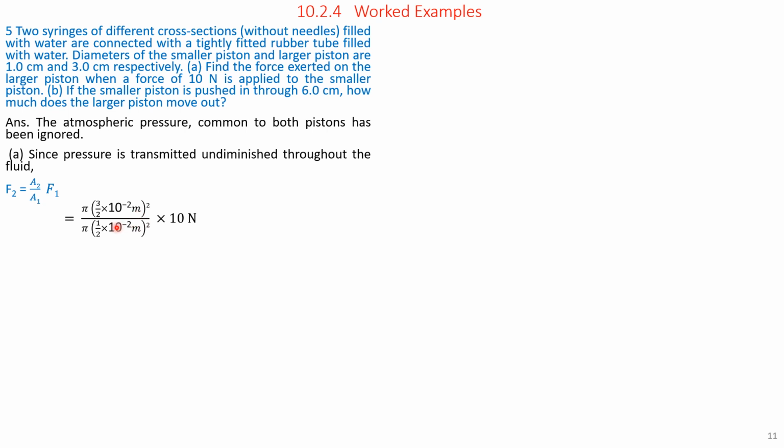This is divided by pi into the radius of the smaller piston, 1 by 2 into 10 to the power of minus 2 meters, that is centimeters converted into meters, whole square, into 10 newtons. Simplifying, we get the value as 90 newtons. This is the answer for part A.